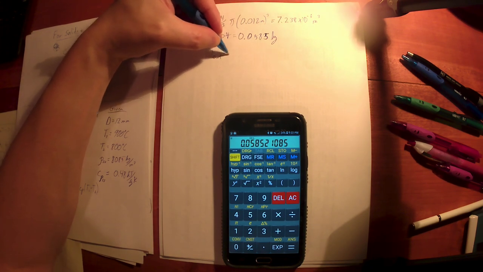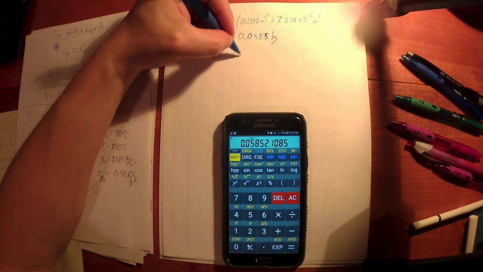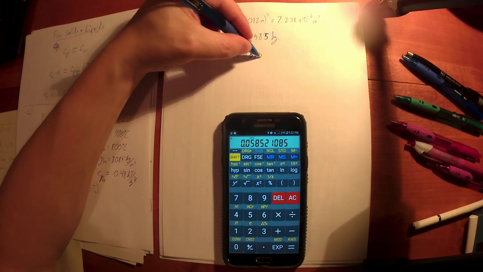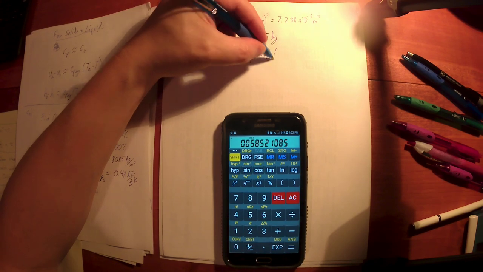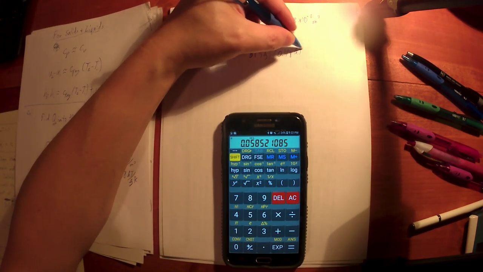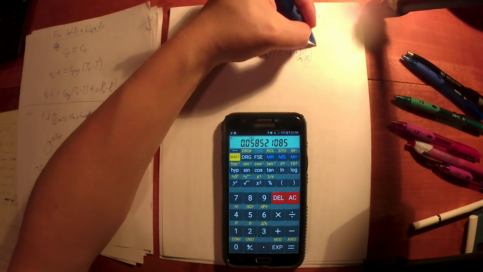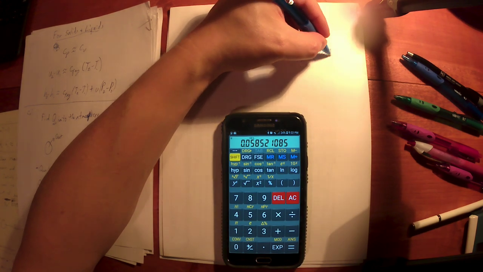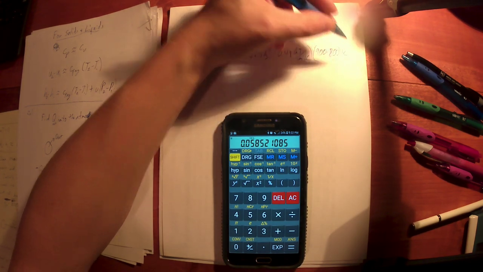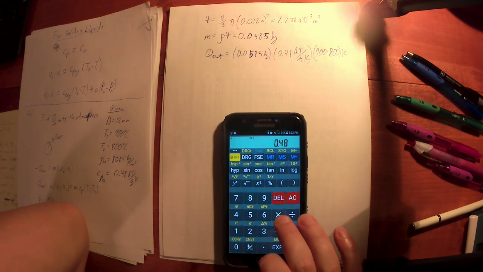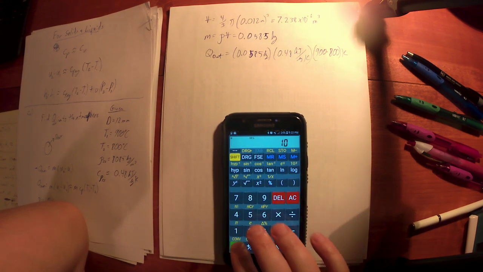The heat loss by this thing is equal to that mass, 0.0585 kilograms times my given specific heat of 0.48 kilojoules per kilogram Kelvin, multiplied by 900 minus 800, those are kelvins. So multiply this by 0.48, multiply this by 100.